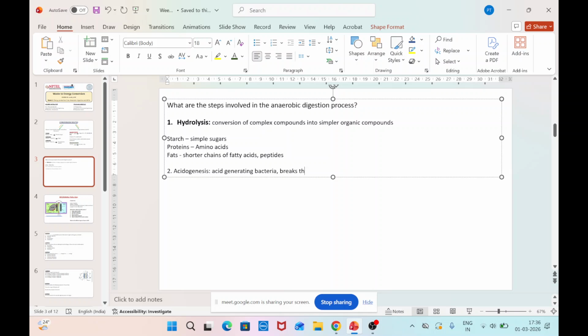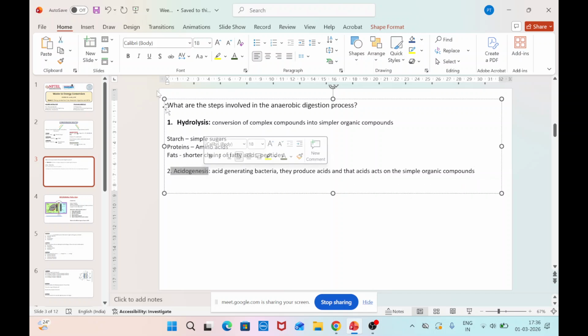The acid generating bacteria produce acid, and that acid acts on the simple organic compounds we have obtained from the hydrolysis process. So the second process is called acidogenesis.